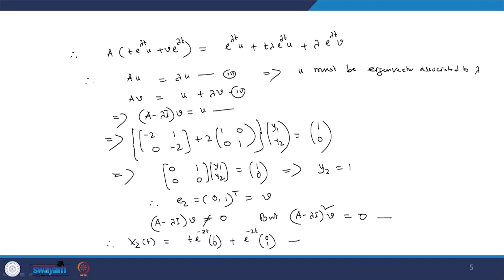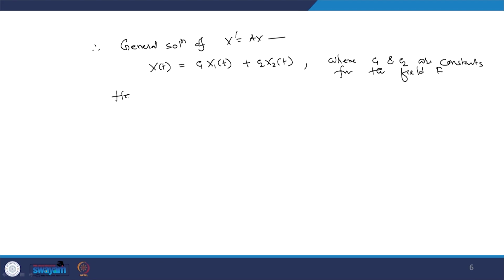But friends, I have mentioned here that the minimal polynomial of A is (x plus 2) whole squared. So P(x) is equal to (x plus 2) whole squared, which is also the characteristic polynomial here.